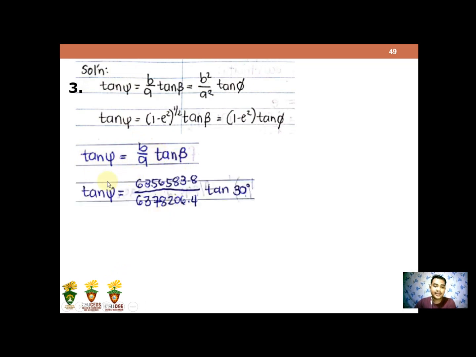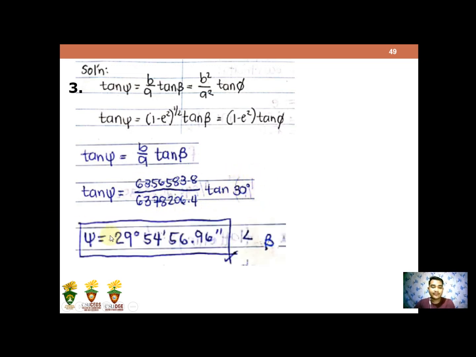Since what we are looking for is the geocentric given the reduced, substitute the values 635,653.8 over 637,806.4 times tangent of the given 30 degrees reduced. We get the value for geocentric to be 29 degrees, 54 minutes, and 56.96 seconds.